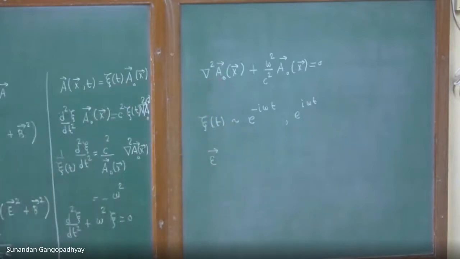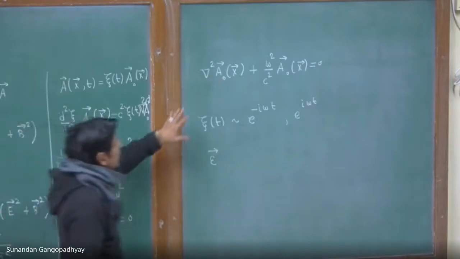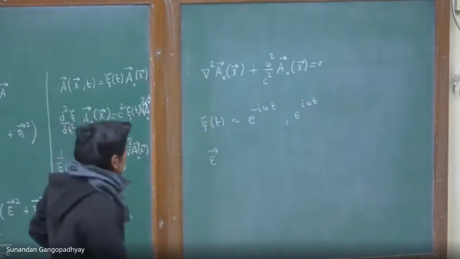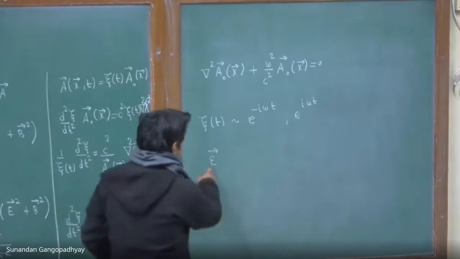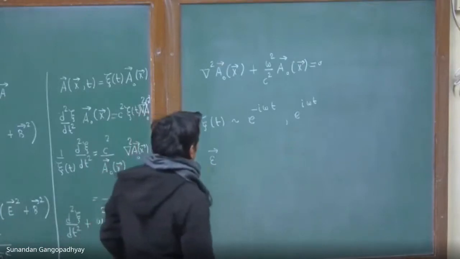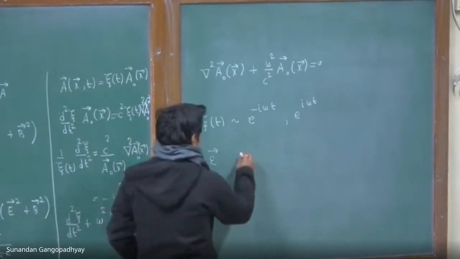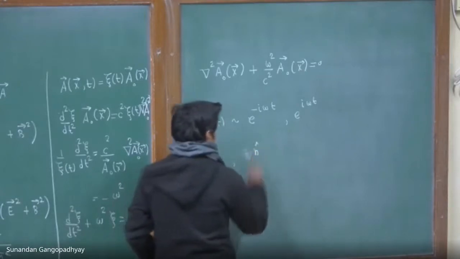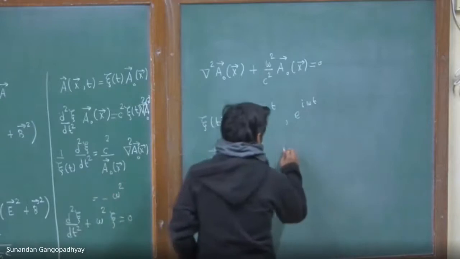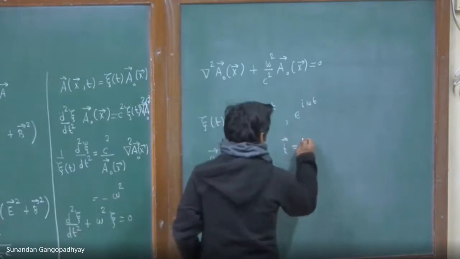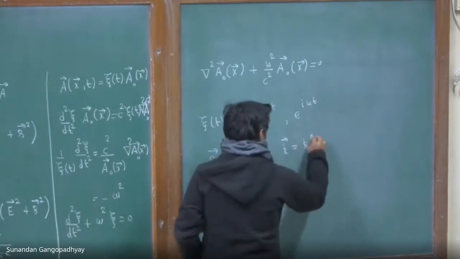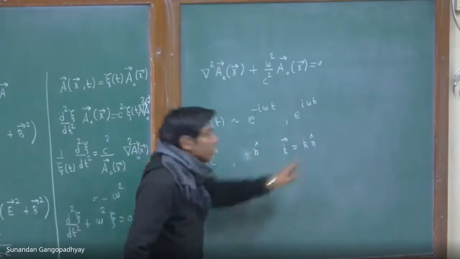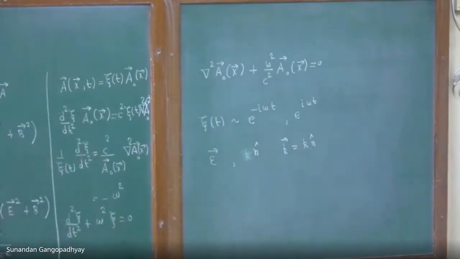That is what this ε vector is. So if you assume that your electromagnetic wave is a plane wave with polarization ε vector, and moving in the direction n cap, such that the k vector is equal to k n cap, this is the direction in which the electromagnetic plane wave is moving.